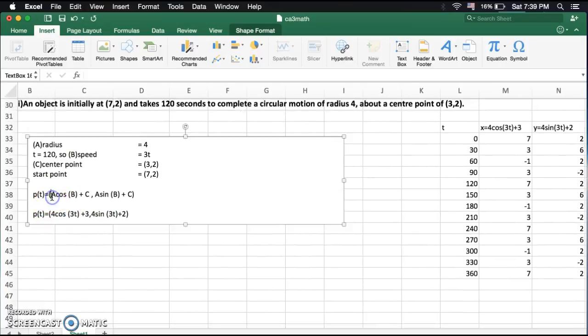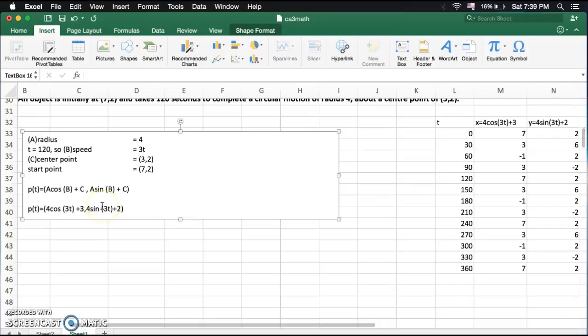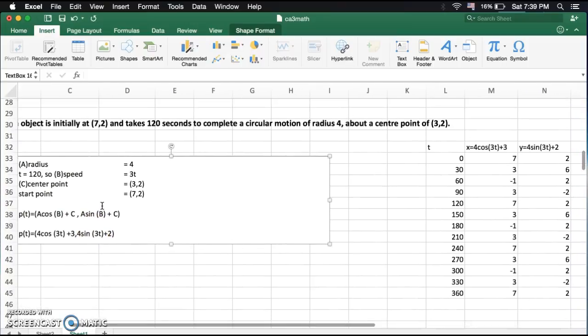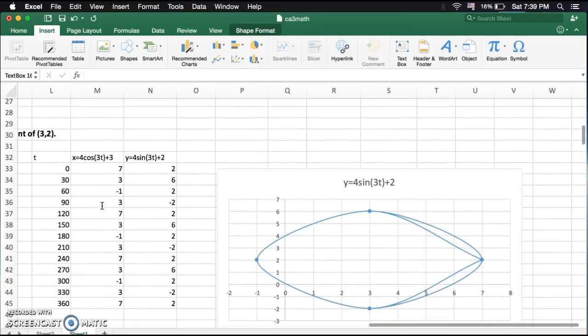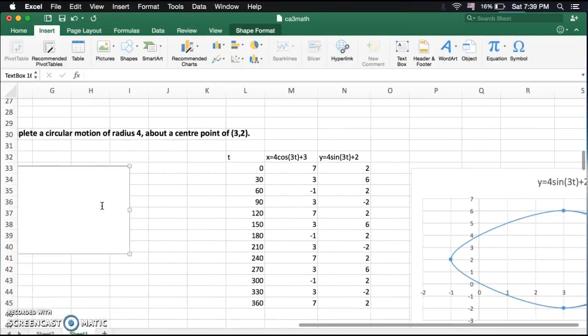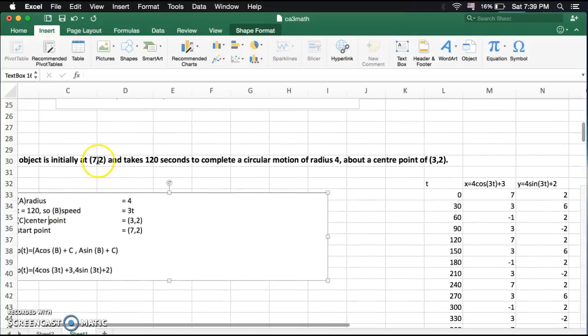What is a? a is the radius of the circle, b is the speed, and c is the center point of the circle. To get the parametric equation of the circular motion, we initially start at (7, 2).